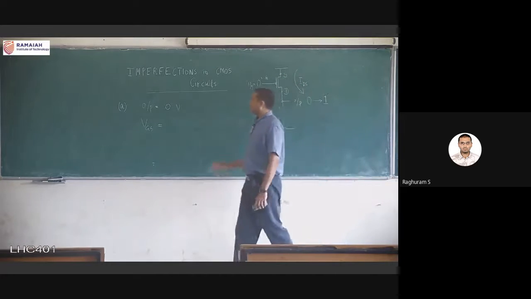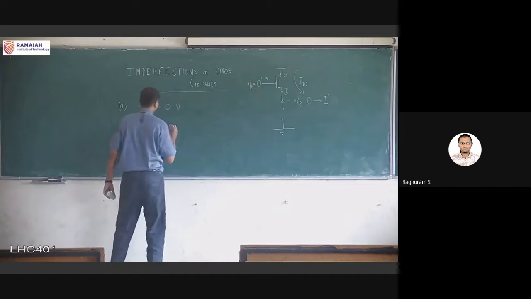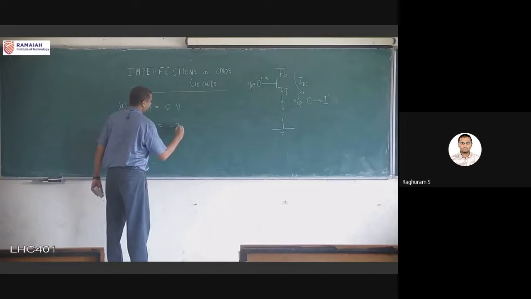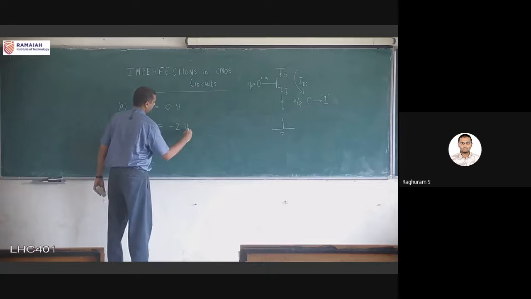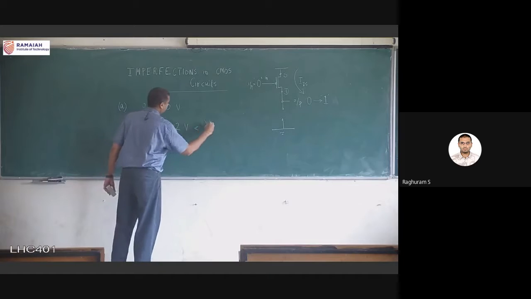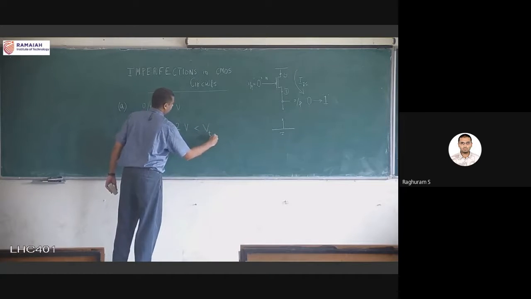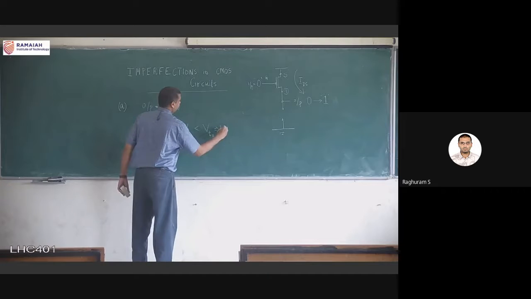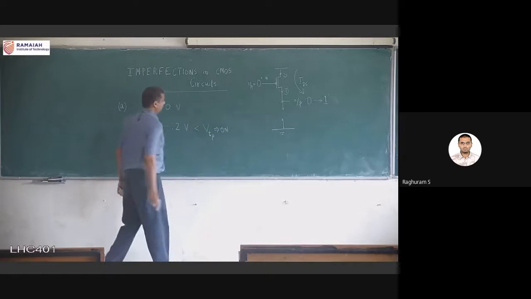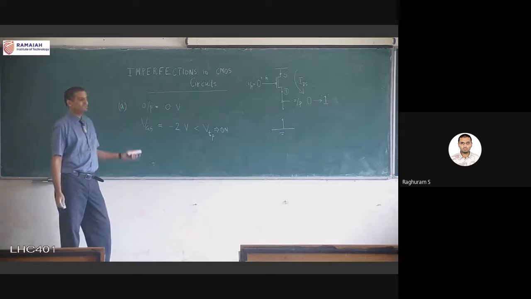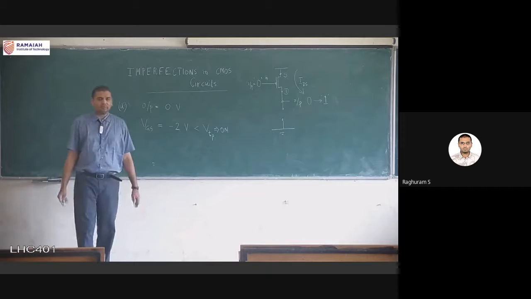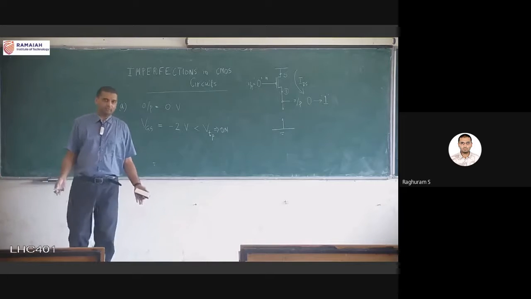So this analysis is somewhat easy because VGS is a constant value.